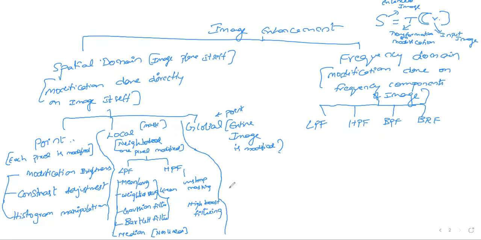Next, in global processing, again we have linear and non-linear. In linear we have image negative.